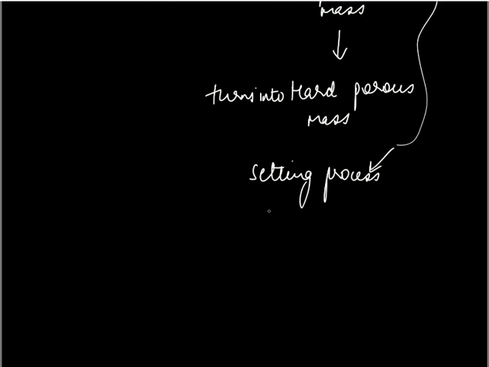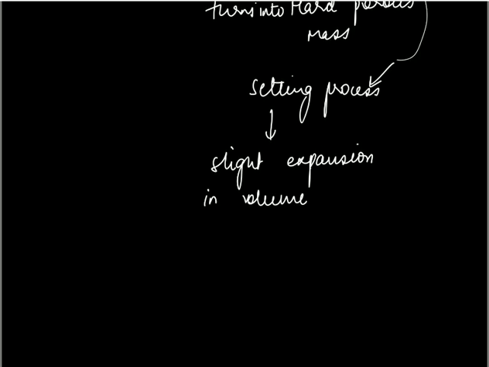And during the setting process, there is a slight expansion in volume. Due to this property, it can expand, fill any kind of mold, and give sharp impressions. Again, if you add POP, calcium sulfate hemihydrate, to water, you will get gypsum again.